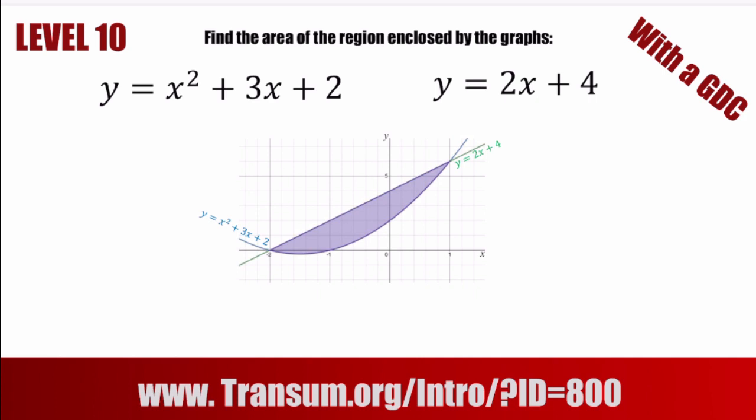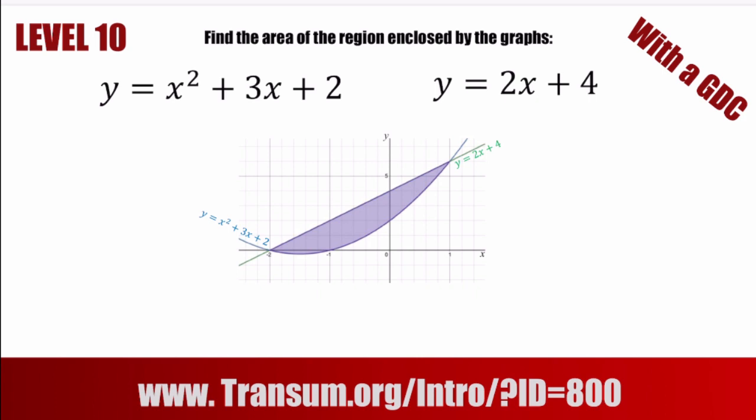So here we have level 10. This is using technology, in particular the graphic display calculator, to actually work out some integration questions. So here, by way of example, I've chosen these two graphs, a quadratic and a straight line, and the question involves finding the area between those two graphs.